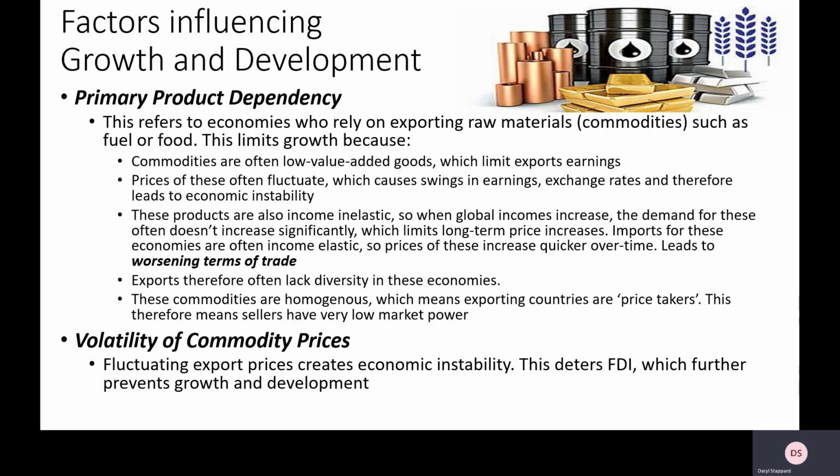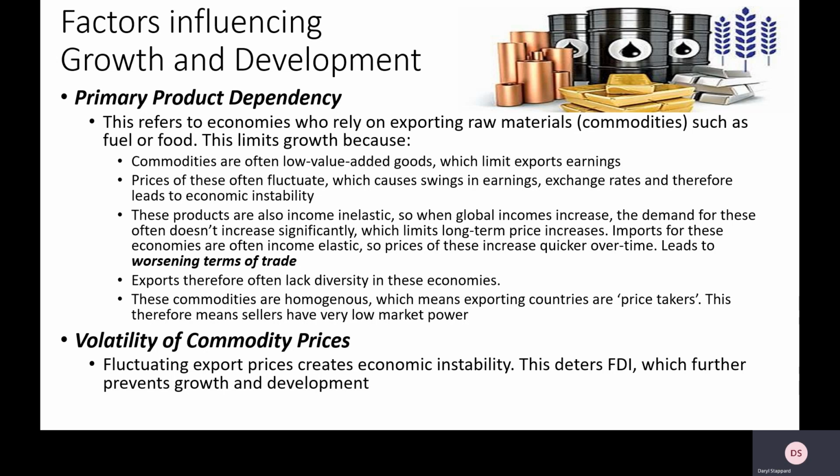So the problem now is that their import prices, the technology and the capital they need to grow and improve their economy, will increase more significantly in price over time than the things that they export. So it means the imports that they need to bring into their economy often become more and more expensive for them to buy. So they struggle to access the things they need going forward.